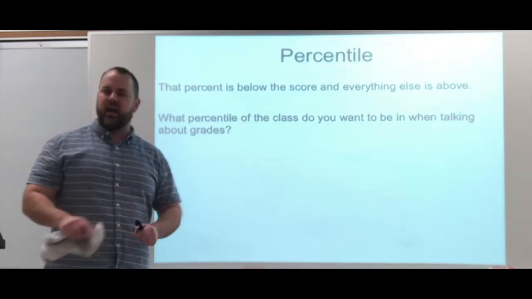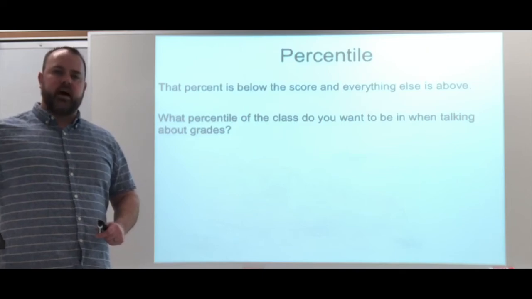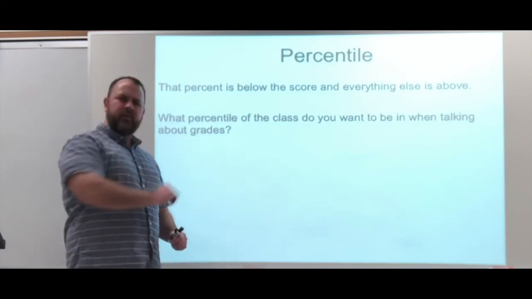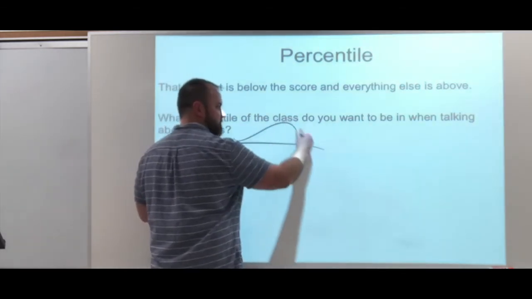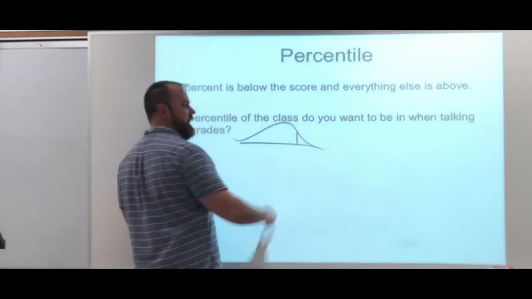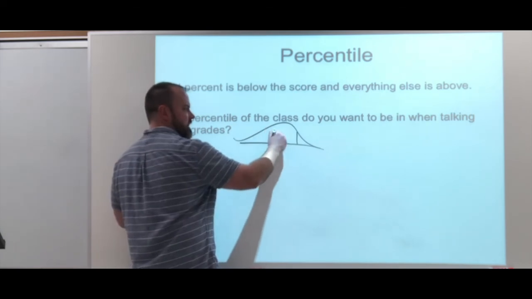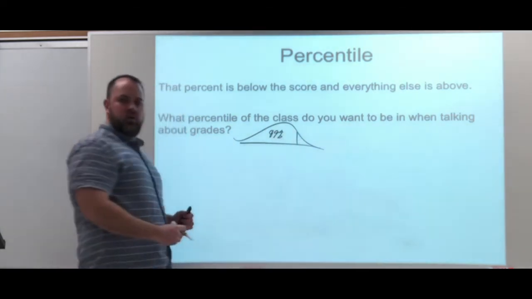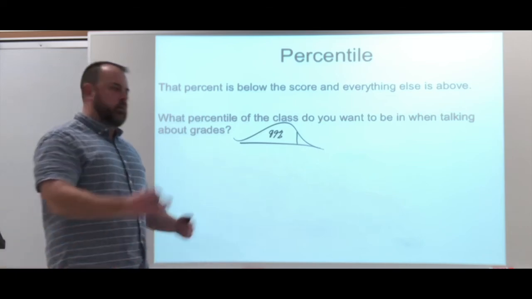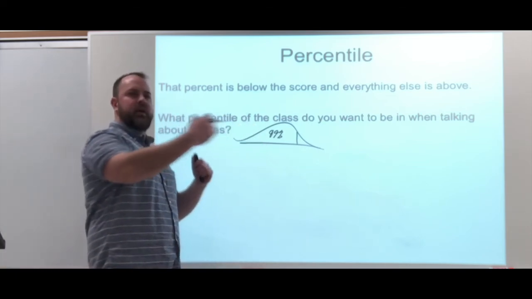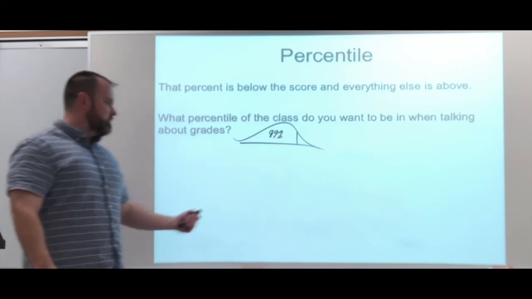You don't want to say, I'm in the first percentile. First percentile means there's only 1% below you. If you're thinking of percentiles, I want to be in the 99th percentile. That means 99% is below you and only 1% is above you. So you always want to think about percentile as everything below the value.